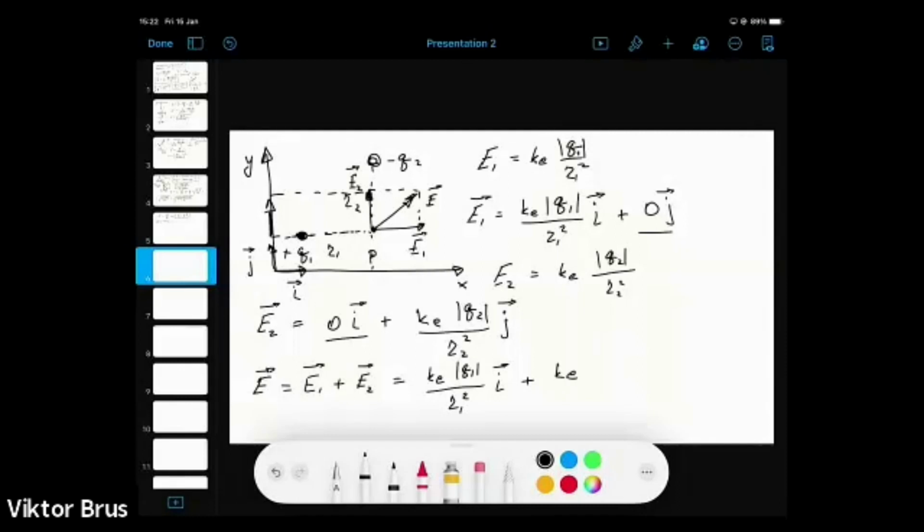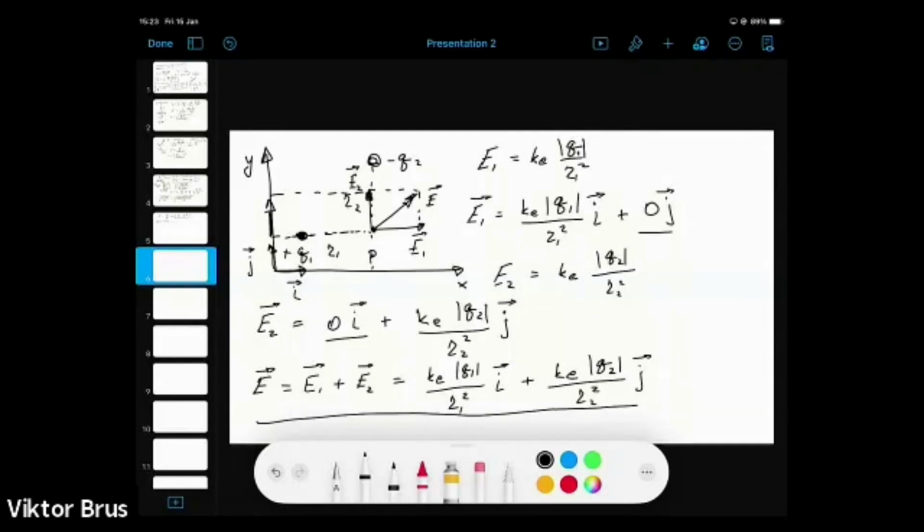It will be Ke times the absolute value of Q2 divided by R2 squared times J. So this is the answer.